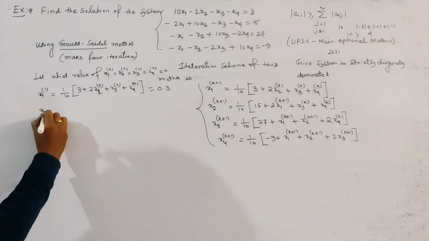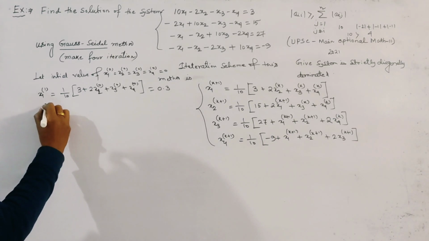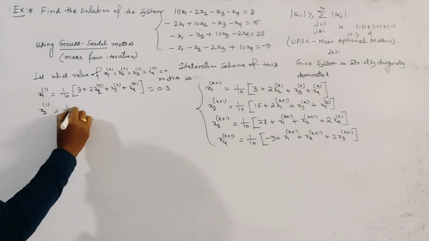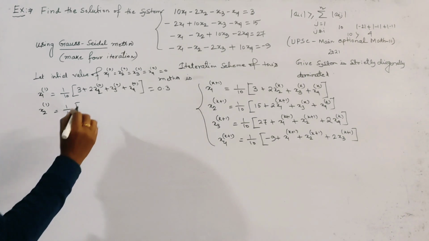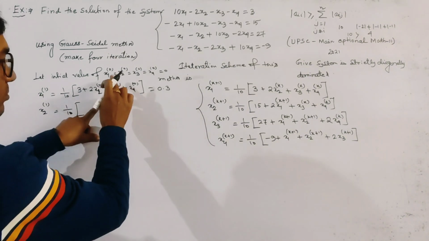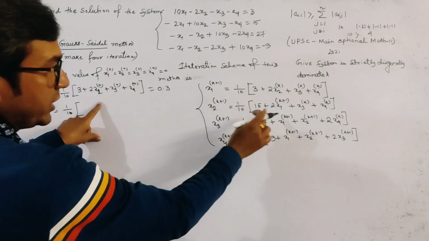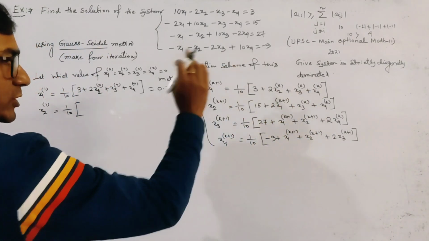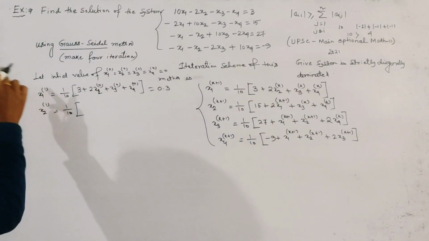And now the first approximation of x2, this is x2 1, which is given by 1 by 10 into, we put the initial approximation of x3, x4 here, but we put the first approximation of x1, because we find here x1 1.